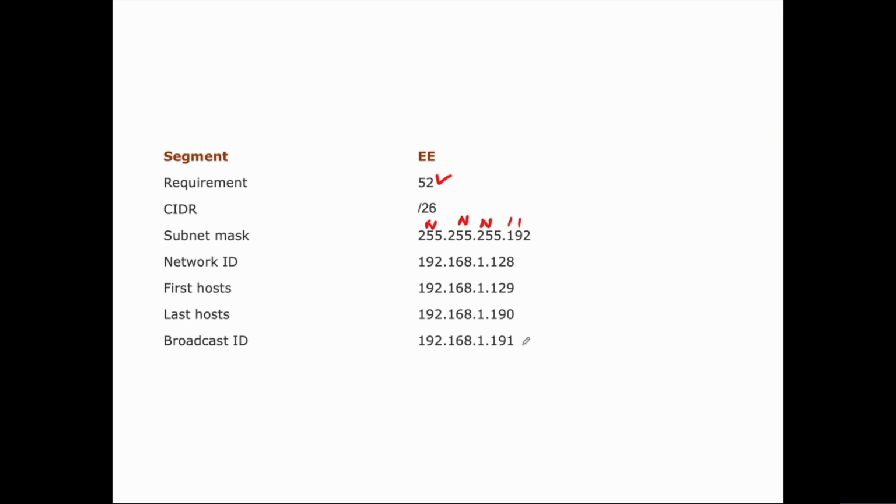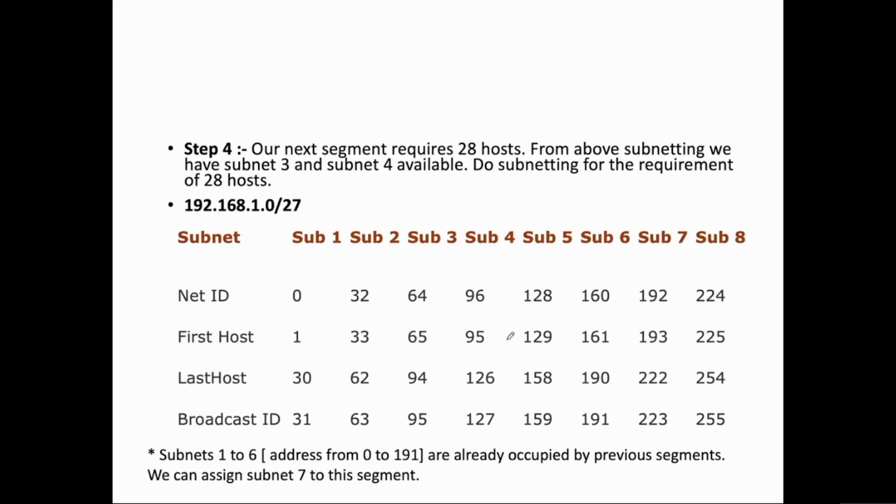Okay. And let's talk about the next requirement, which is physics, and it requires how many nodes? 28. I borrow another bit from here. So what would be the subnet mask now? 255.255 is by default, and now I've borrowed 3 bits.